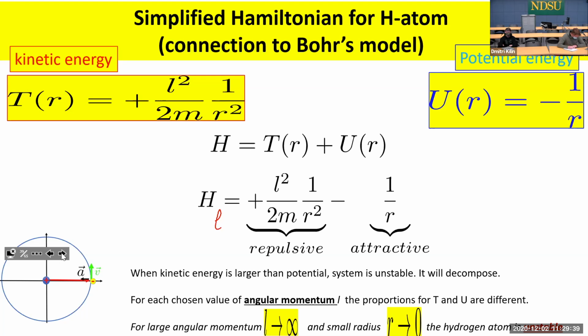The potential energy is just -1 over r. The kinetic energy is angular momentum squared over radius squared. Total energy is their addition, right? Kinetic plus potential.